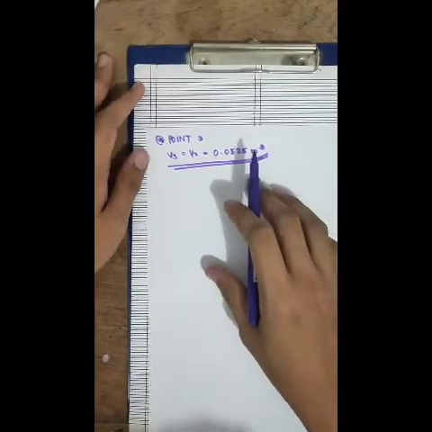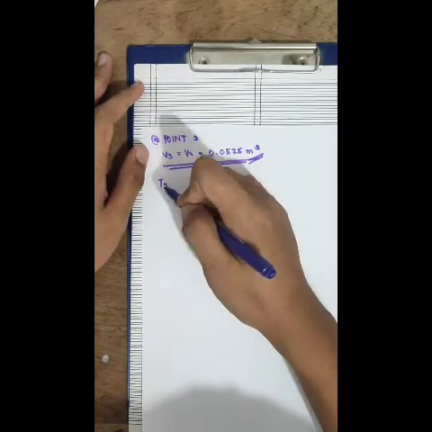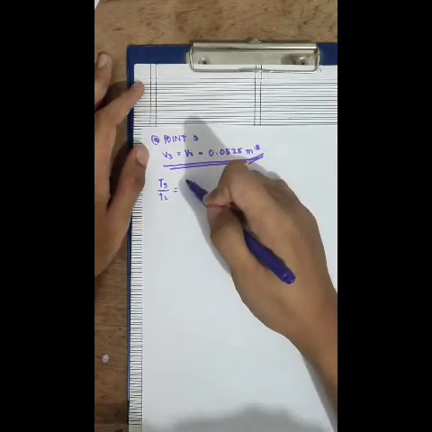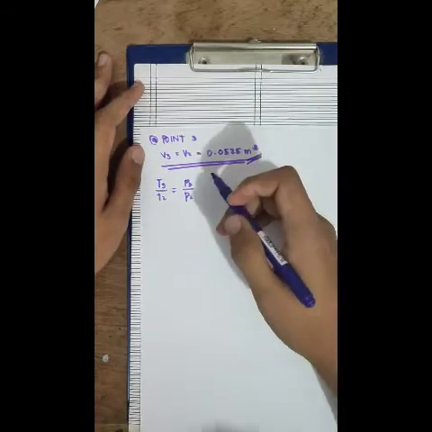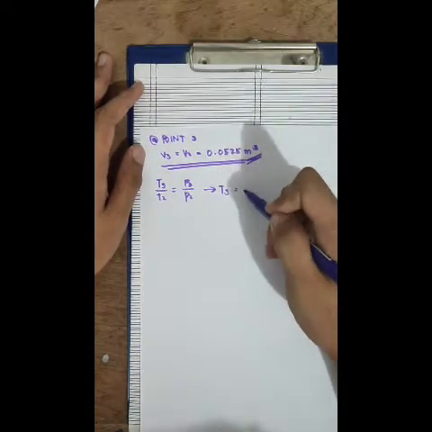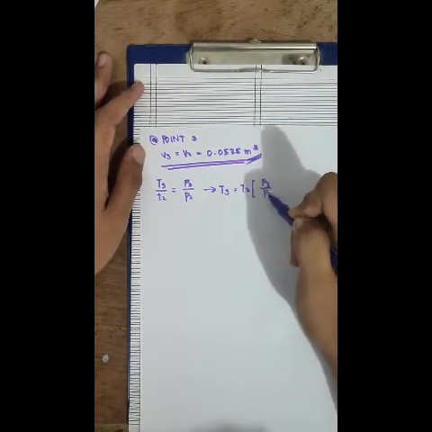So for finding the T3, we use this formula: T3 over T2 is equal to P3 over P2. From this formula, we get T3 is equal to T2 times P3 over P2.